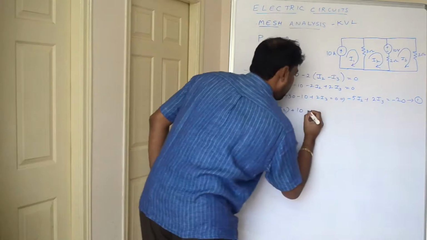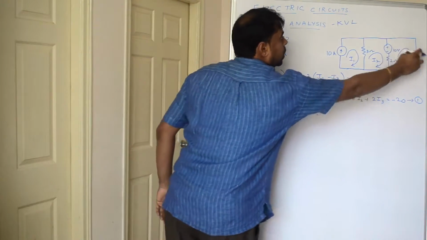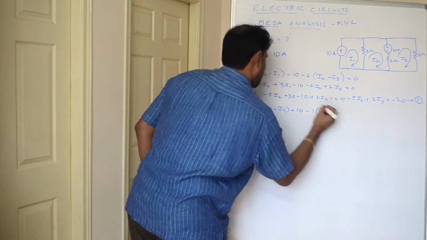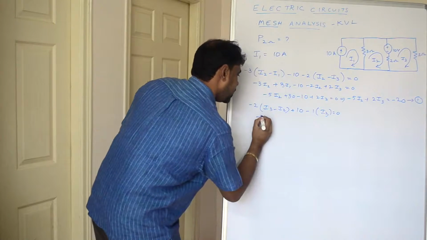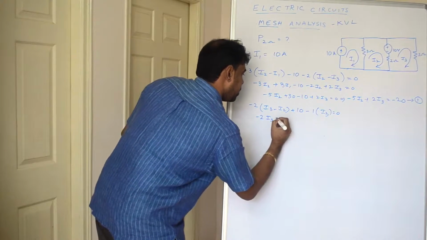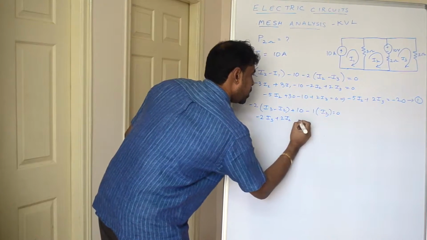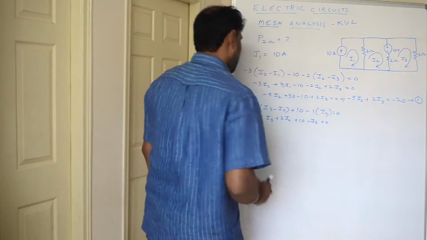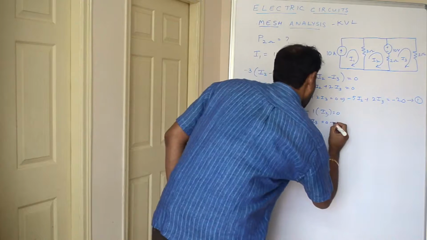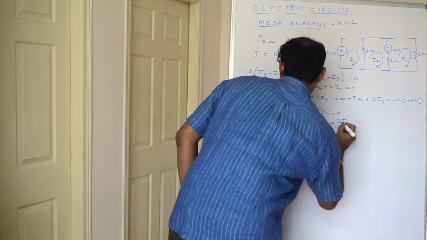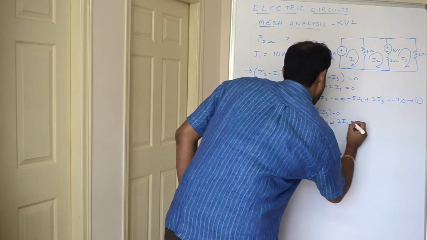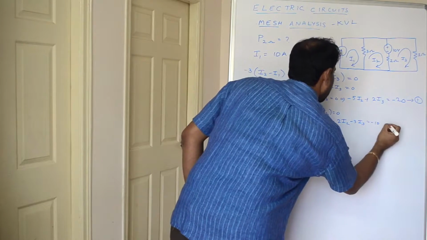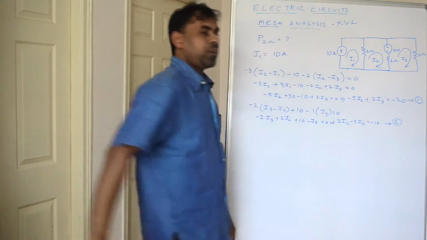In this resistor there will be 1 into the current flowing in this branch, which is I3. So minus 2I3 plus 2I2 plus 10 minus I3 is equal to 0. So it will be 2I2 minus 3I3 is equal to minus 10. So I got two equations.